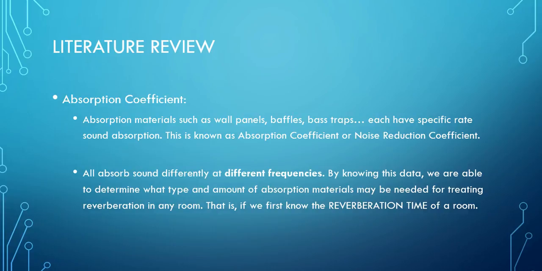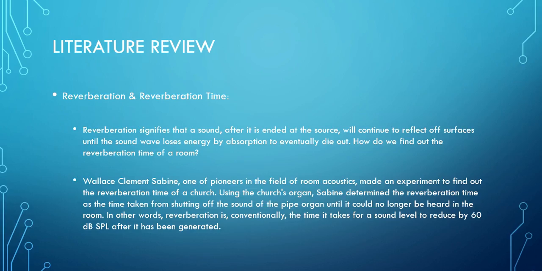And it's good to also know that they absorb sound at different frequencies, just like we said. And one thing to know is that if you want to deal with reverberation in a room, you have to first know the reverberation time of the room. And there are ways to find it.